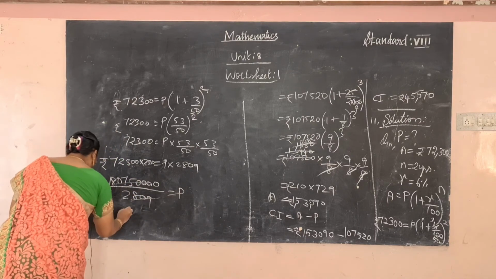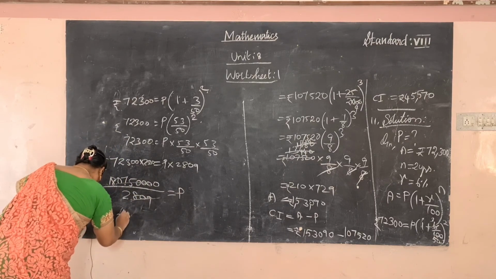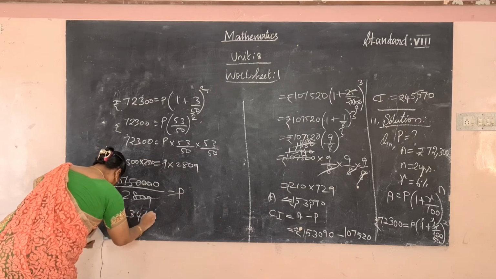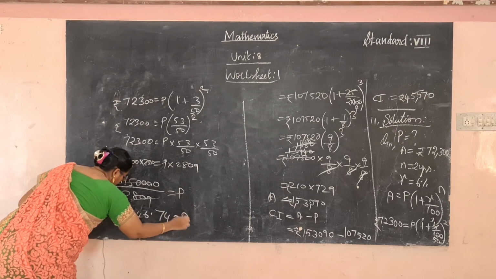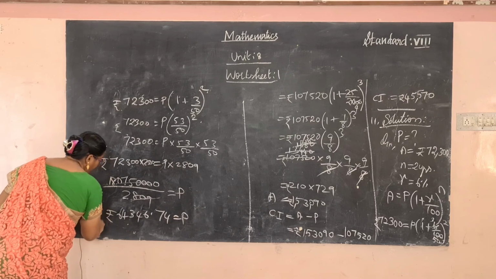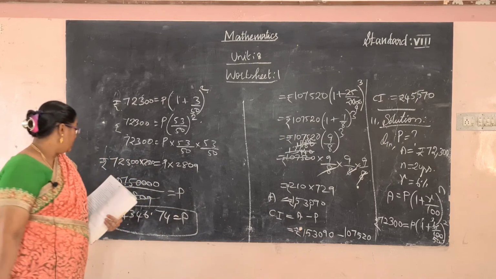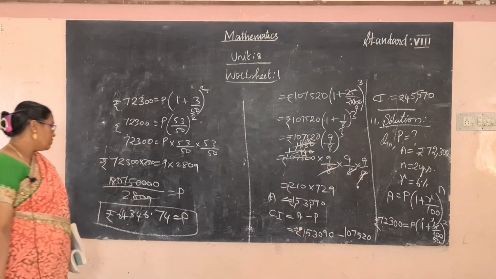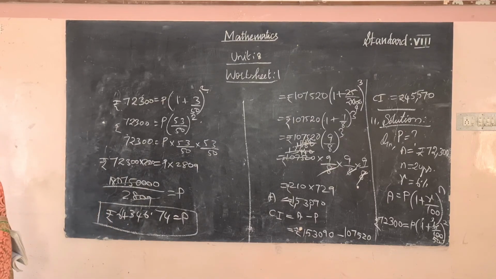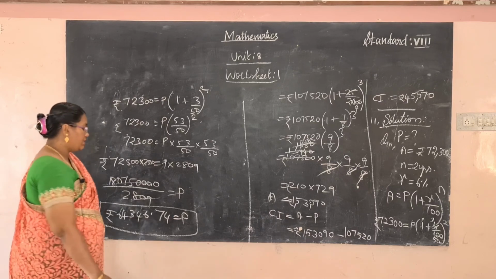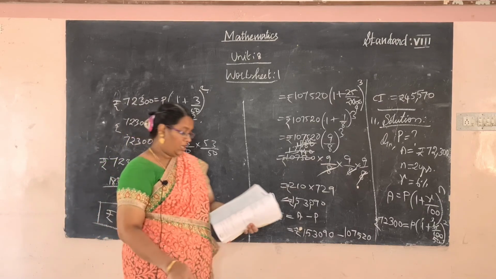We get 64,346.74 rupees. Thus the principal amount is rupees 64,346.74 paise. That is the principal amount.